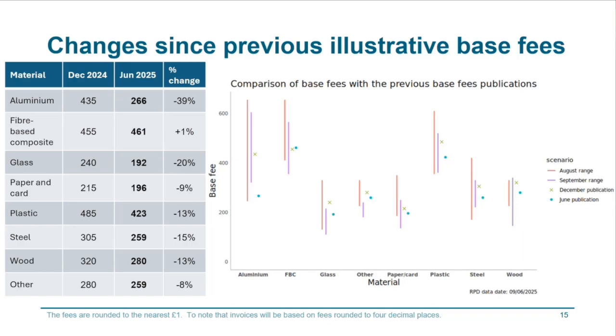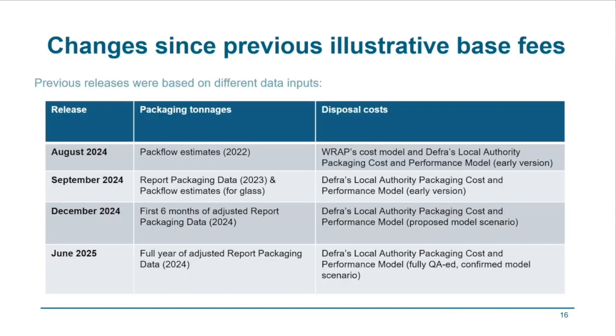Next slide, please. For each release, we've used the best data sources available at the time to calculate fees. And the following table lists the different data sources, showing how we've moved. In the case of packaging tonnages, we've moved from estimates in our early publications to using actual data in our June publication, based on the 2024 reported data on the RPD system.